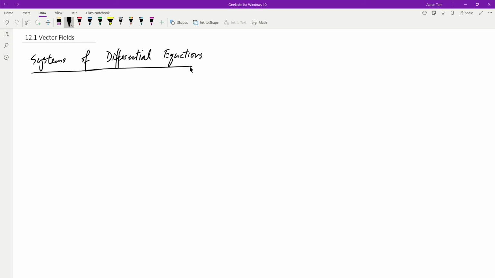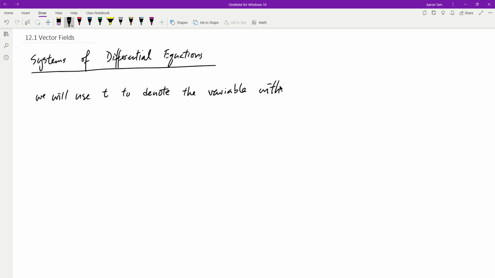So when we're dealing with a system of differential equations, this is what we're going to do. We will generally use t to indicate our independent variable. And as a matter of fact, I'm not going to actually refer to it as an independent variable, because when we're doing a system of differential equations, our solution actually is a vector valued function.